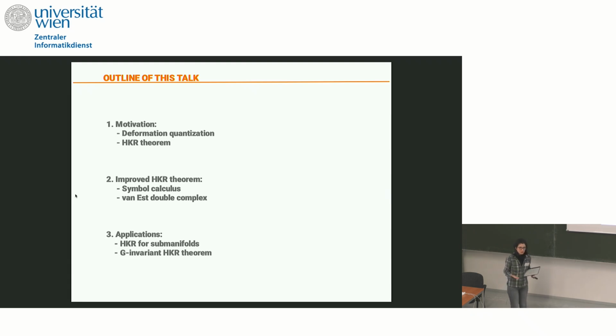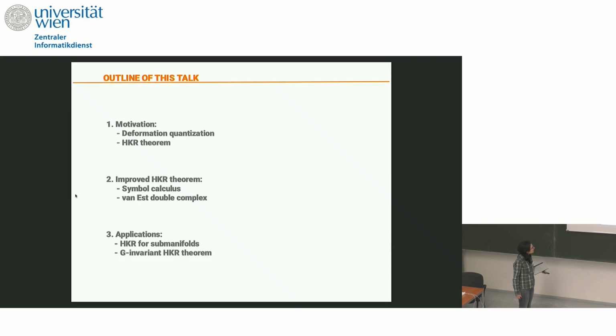I say not new because this is also the advantage of the proof we have of HKR. The techniques we use are kind of easy and well known. So I would say the tricky part is to get the idea of using symbol calculus, and that's it. The trick in some sense is this one.